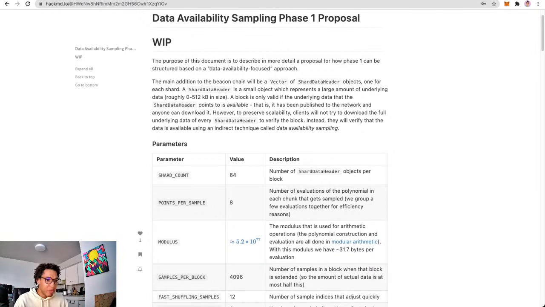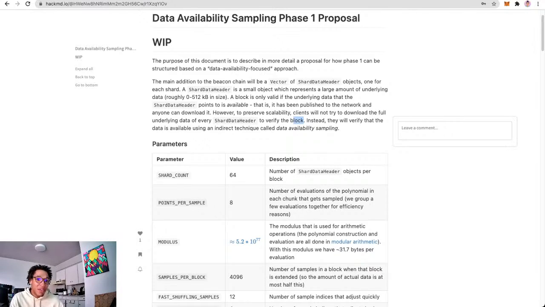However, to preserve scalability, clients will not try to download the full underlying data of every shard data header to verify the block. Instead, they will verify that the data is available using an indirect technique called data availability sampling.